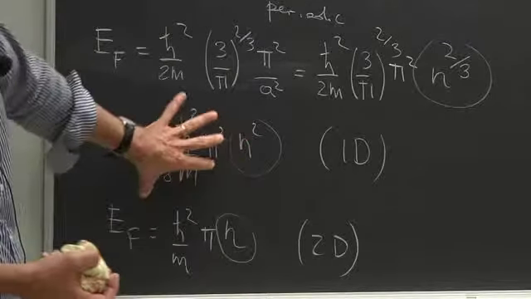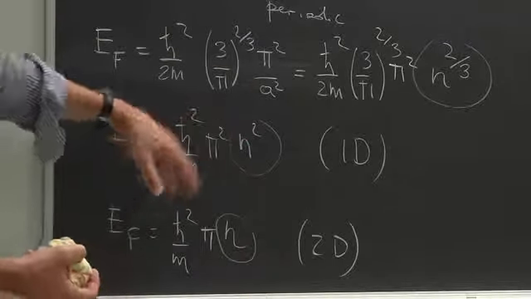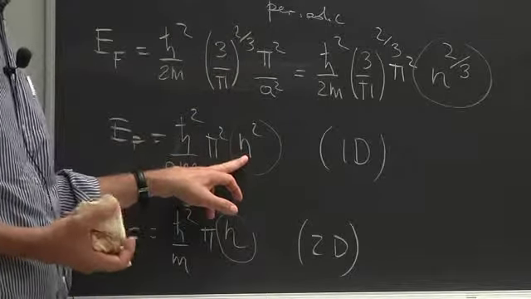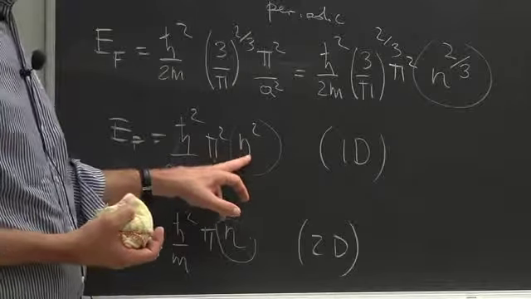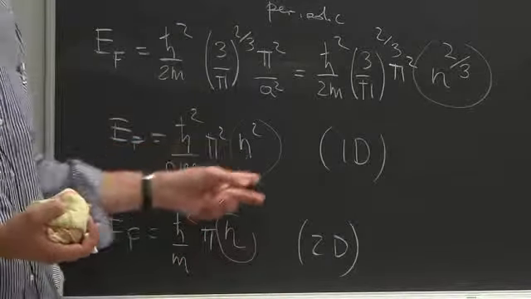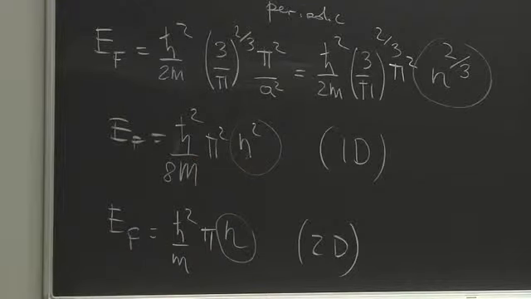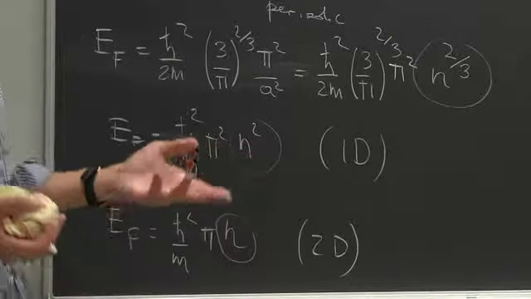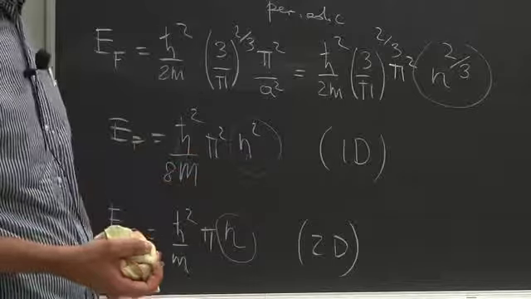Forget about the constants. Dimensionally, if you want to put the density here, the density must appear in such a way that it is 1 over a length squared. So in one dimension, the density is already 1 over L, so you just have to square it.